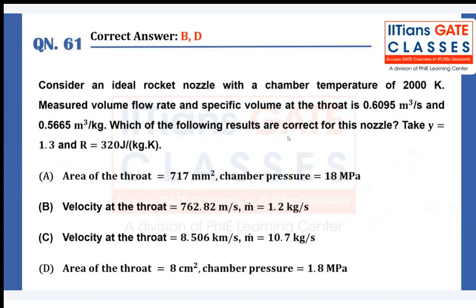For this question, let us first read the question. There is an ideal rocket nozzle and the chamber temperature is 2000 Kelvin. Volume flow rate and specific volume at the throat are given.